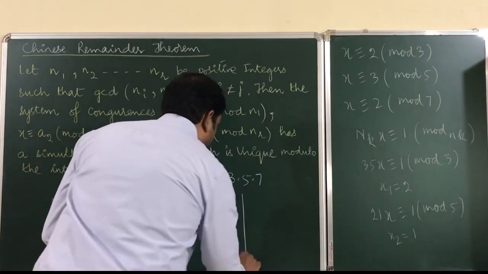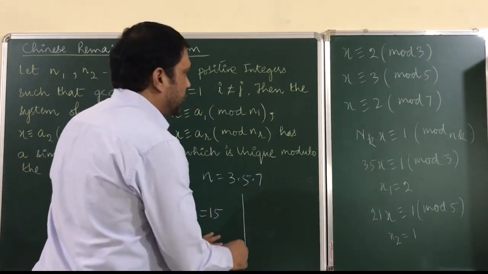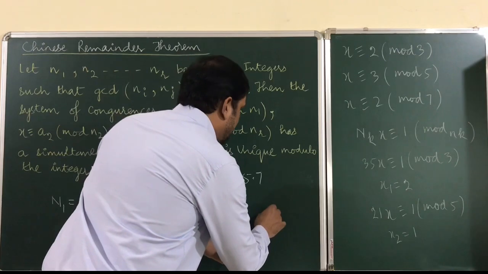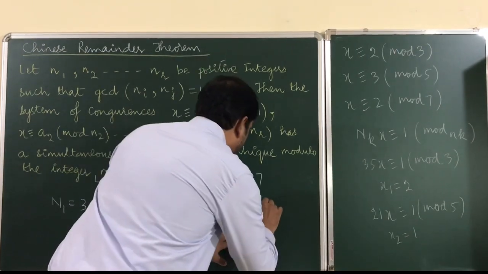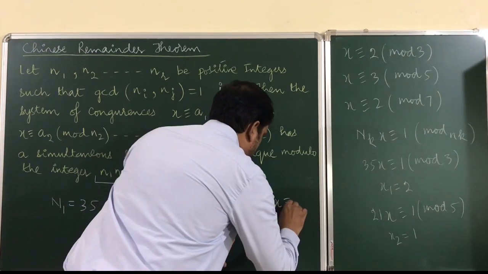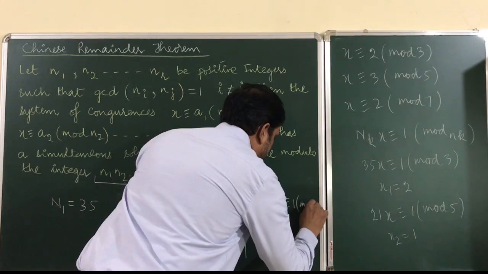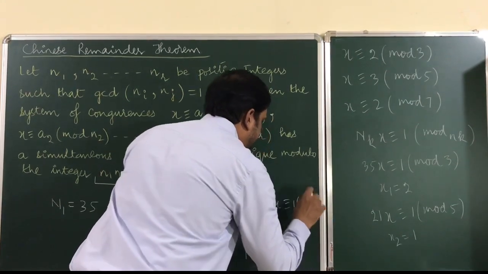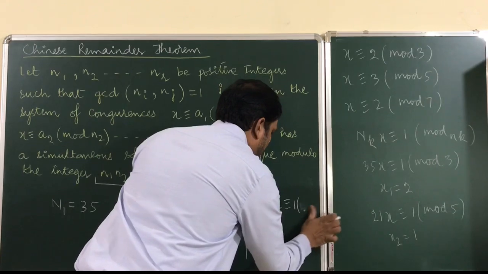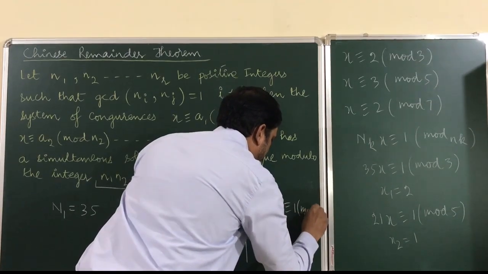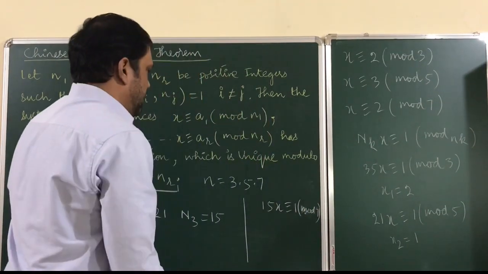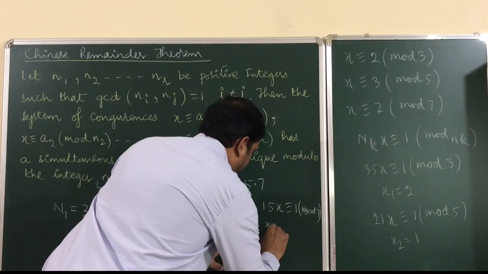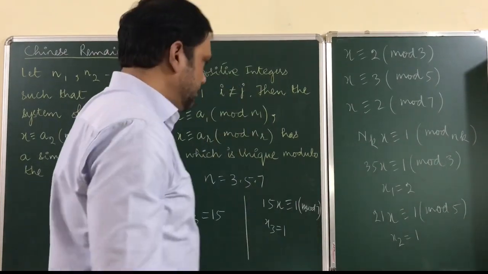And the third equation: N3 is 15, so that is 15x congruent 1 mod 7. So you can see x3 will be 1.